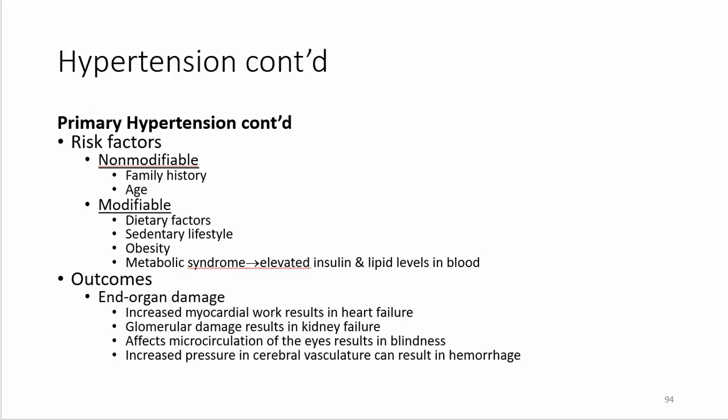Now, this chronic hypertension really means that there's going to be a big afterload. So the big afterload means that the heart's going to have to work more. That heart working more is going to result in myocardial disease. Could be myocardial hypertrophy, and then that decreases the size of the ventricle and stroke volume, etc. And ultimately, it can lead to heart failure, like we talked about in the previous videos.